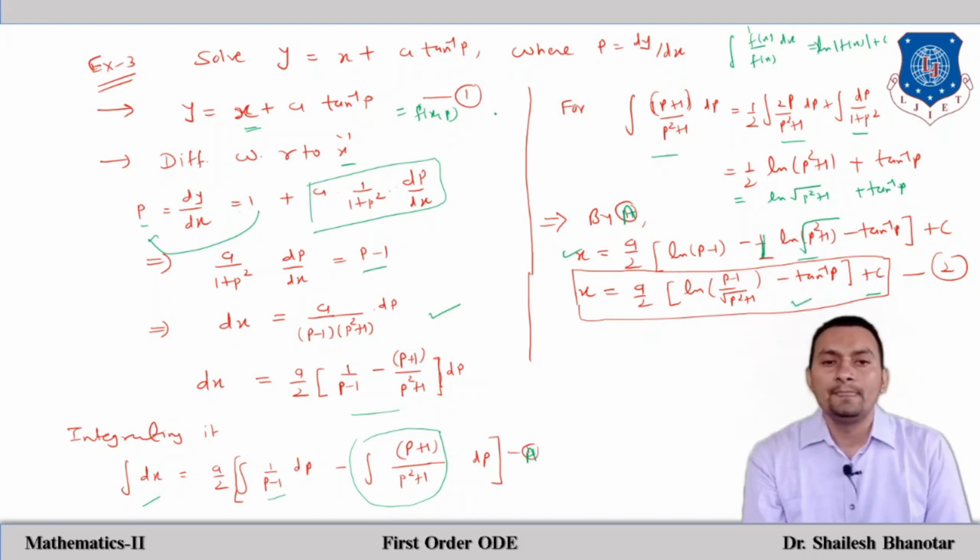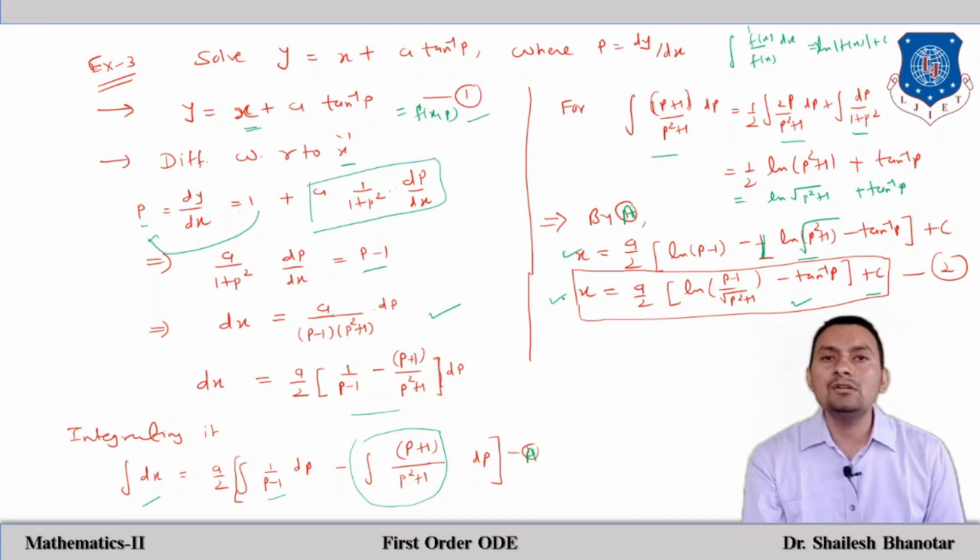Now, whenever we focus on equation number 2 and equation number 1, is it easy to eliminate p? The answer is no. So we cannot eliminate p, as we can see. In that case, already we have discussed in the note that whenever the given equation, and whatever you have obtained after integrating, are not able to be solved for eliminating p, then we will keep them the same.